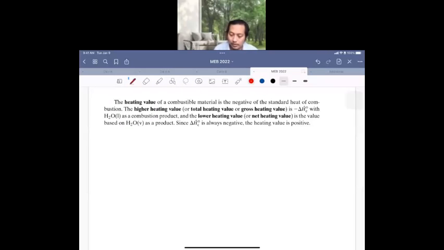So the higher heating value, or the total heating value, or the gross heating value, is the negative delta HC, the combustion, with liquid water as a combustion product, and the lower heating value is based on when the water is vapor as a product.